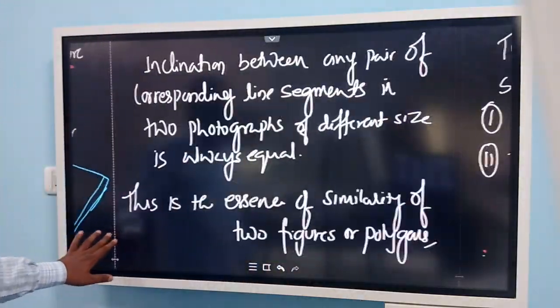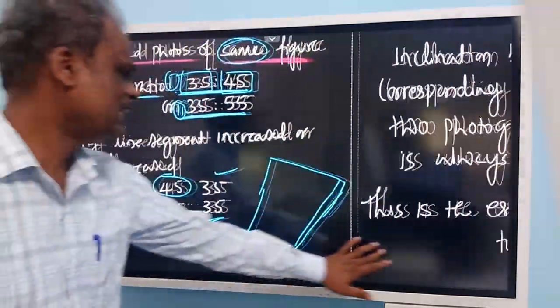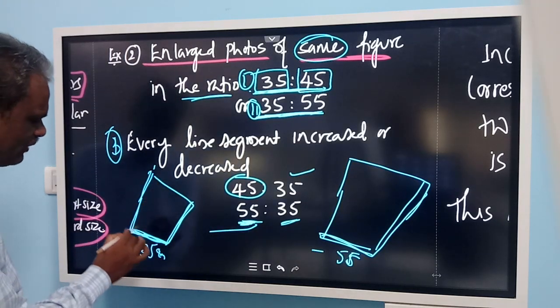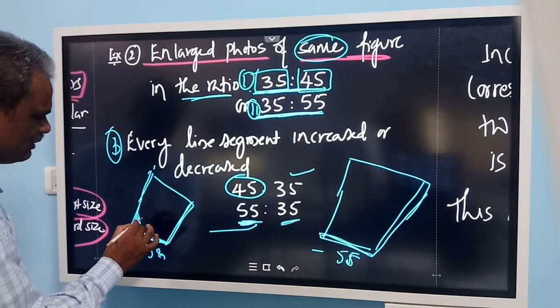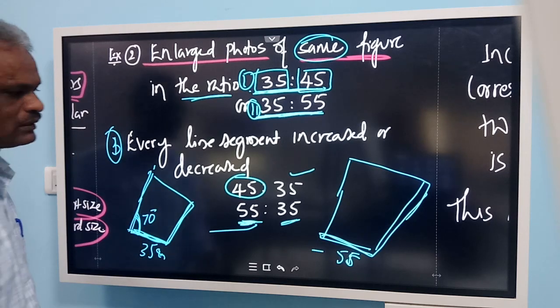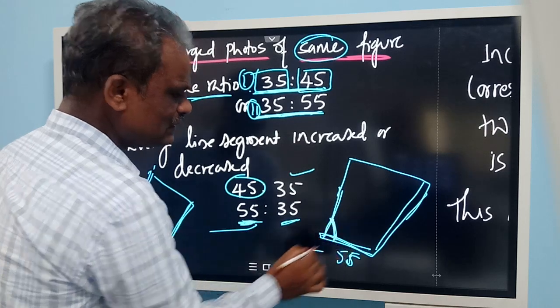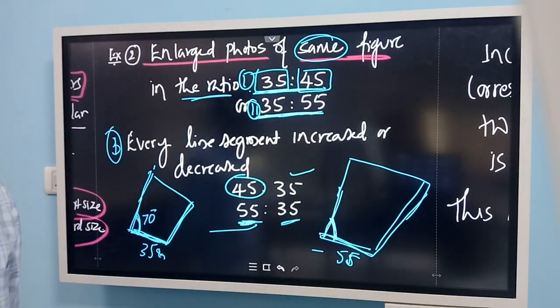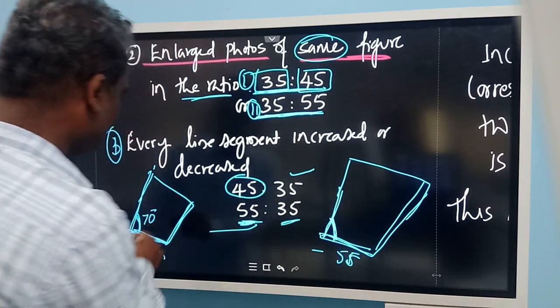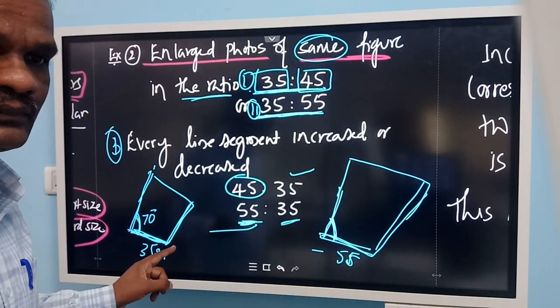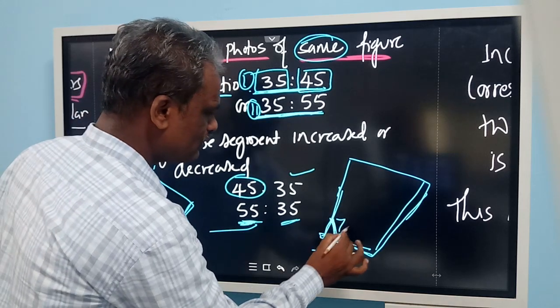So now, whenever you are increasing the size, observe one important thing. So now this is the size with 35. Look at this angle. If I take this is 70 degree. Now it is an enlarged figure. Whether the angle increases or remains same when I increase the size? Same, remains same.